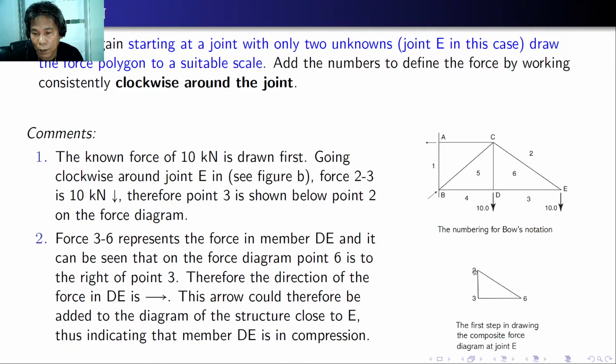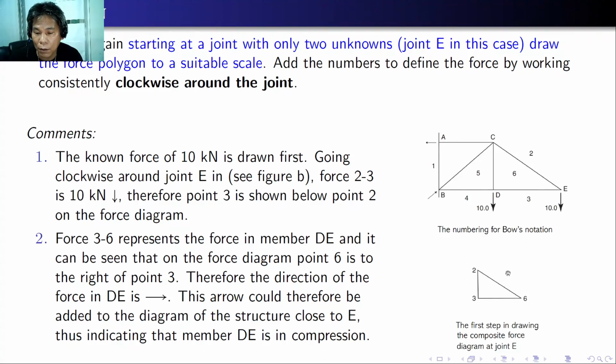If we assume 1 kilonewton to be 1 centimeter, so you can draw 1 centimeter, 2, 3, and then the 3, 6 is horizontal, so just copy horizontal, and then the inclined member 2, 6, which is connected at the tail of 3, 2 here.